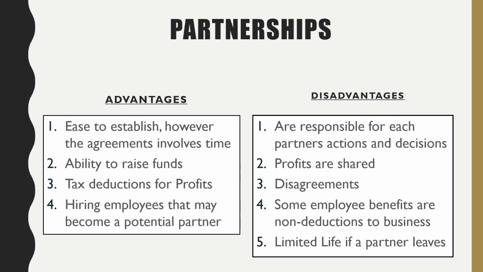Then number 3 is a tax deduction for profits. With partnerships, you get a tax deduction for having profits. That's pretty straightforward, okay? Lastly, number 4, hiring employees that may become a potential partner.